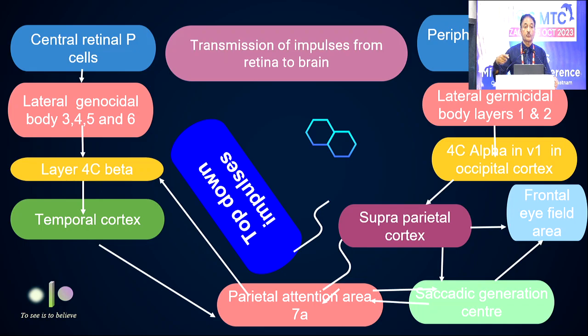The rate of transmission of impulses along the M cells is much faster than it is with the P cells. And secondly, the attention center is within the parietal area, and therefore the parietal area has access to the M cells much faster than the P cells. So the brain already knows what it is seeing because of the faster transmission along the M cells.